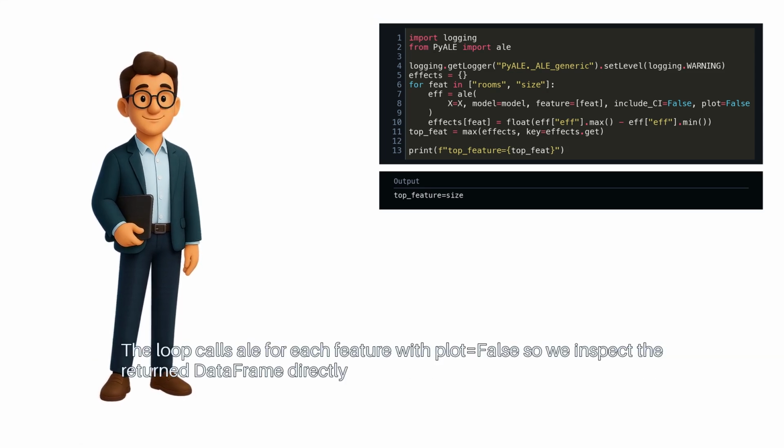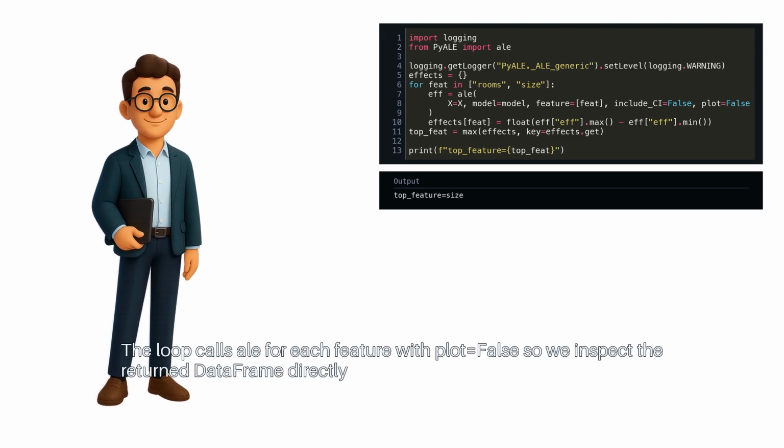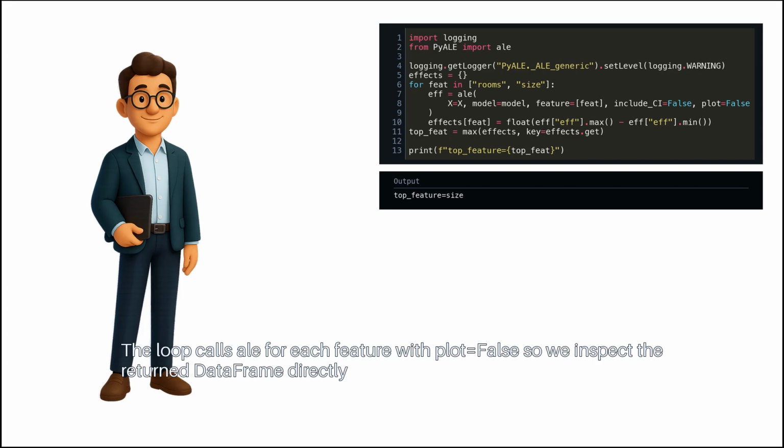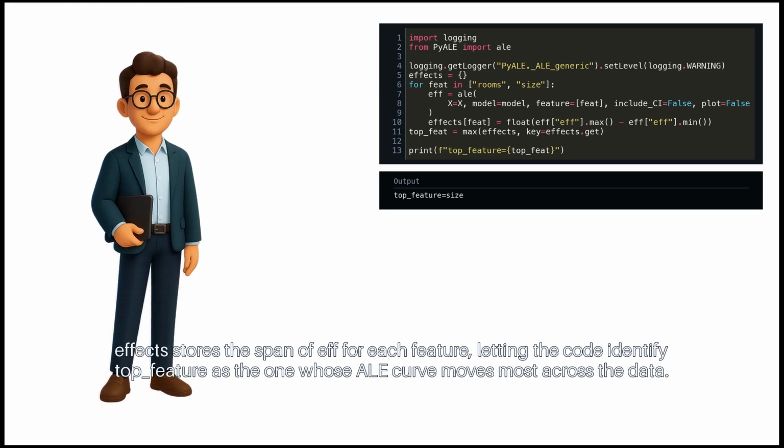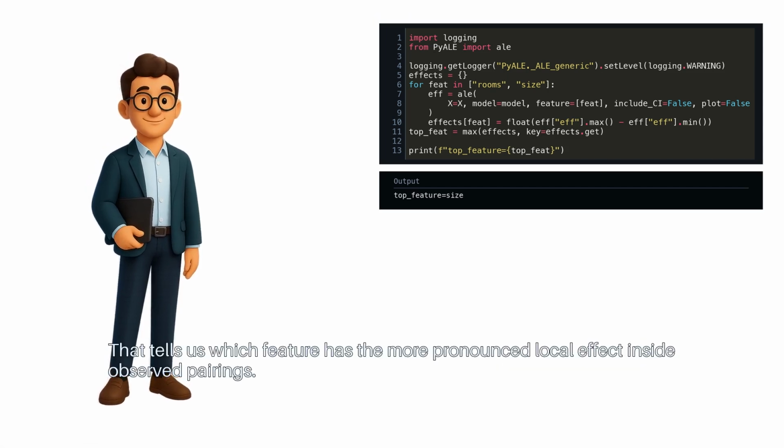The loop calls ALE for each feature with plot equals false, so we inspect the returned data frame directly. Effects stores the span of F for each feature, letting the code identify top feature as the one whose ALE curve moves most across the data. That tells us which feature has the more pronounced local effect inside observed pairings.